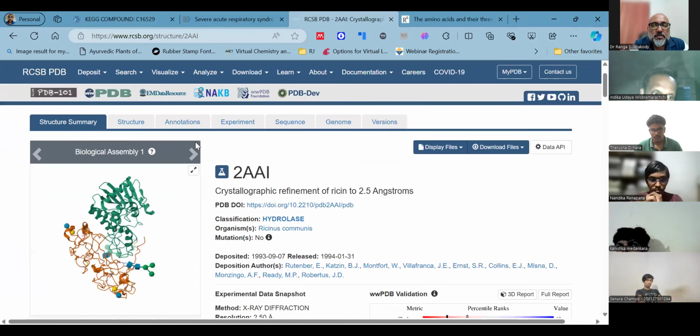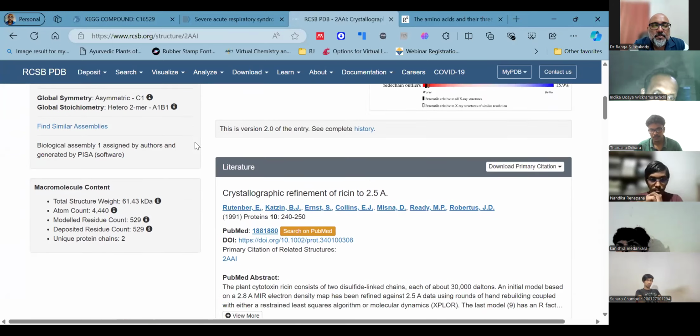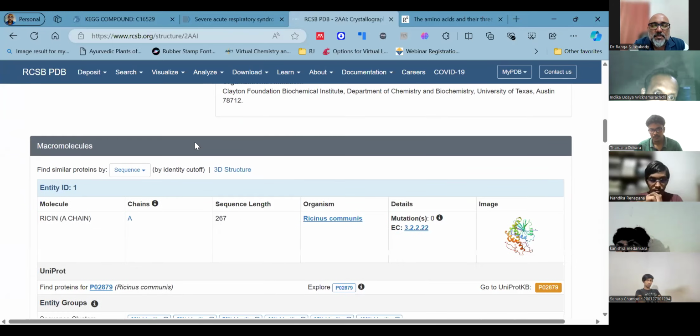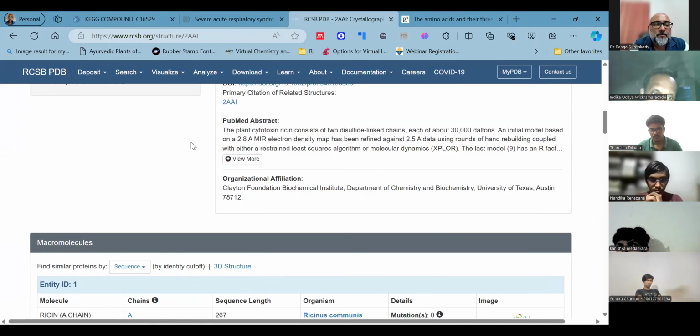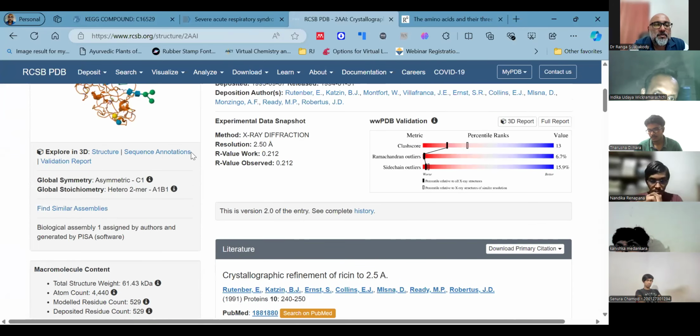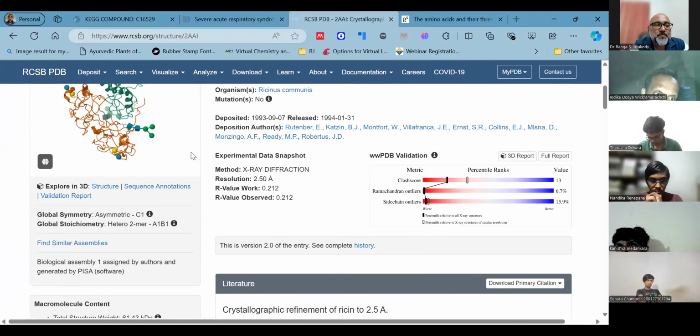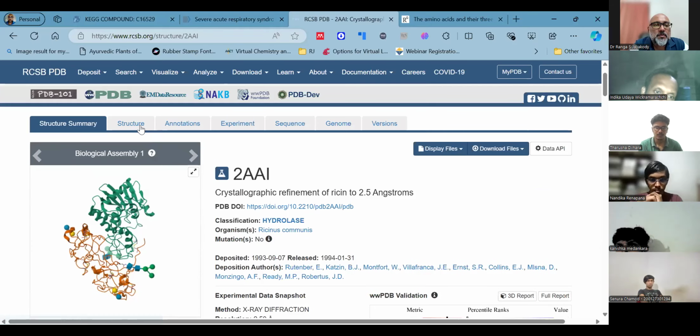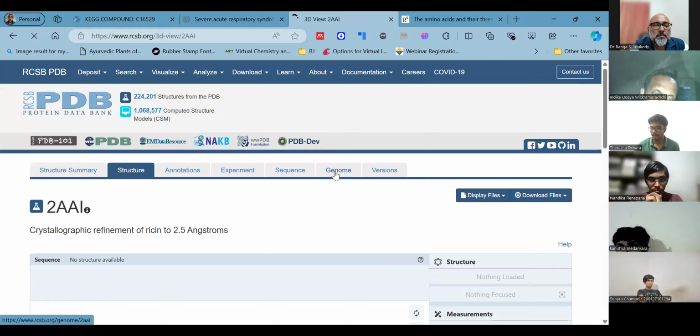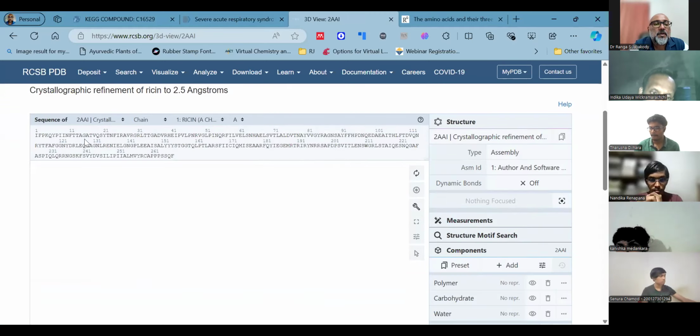We have the structure summary, and then the publication in which this was published originally. Here's the sequence.